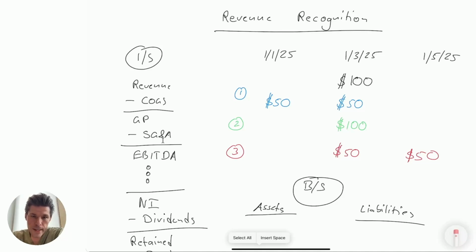Sounds a bit complicated, but again, if we go back to the more simple definition, revenue to be recognized when the risk and reward of ownership is transferred. Again, we are not an accounting course, we focus on finance, so that's why we leave this here.